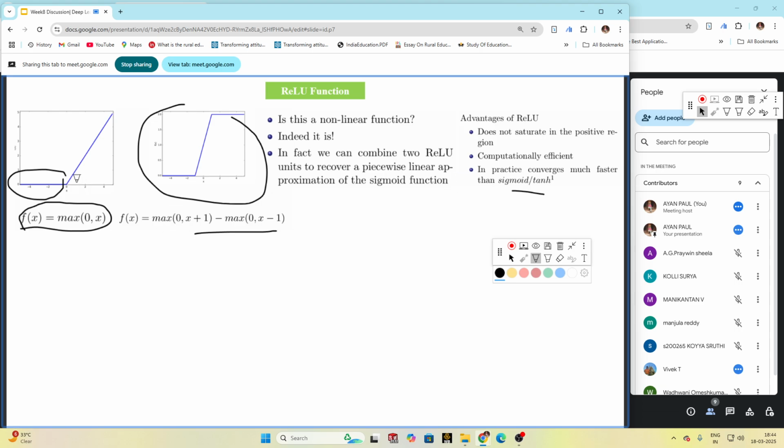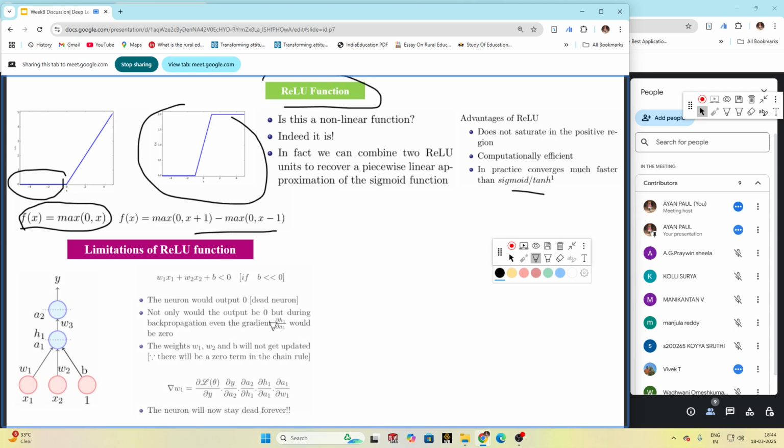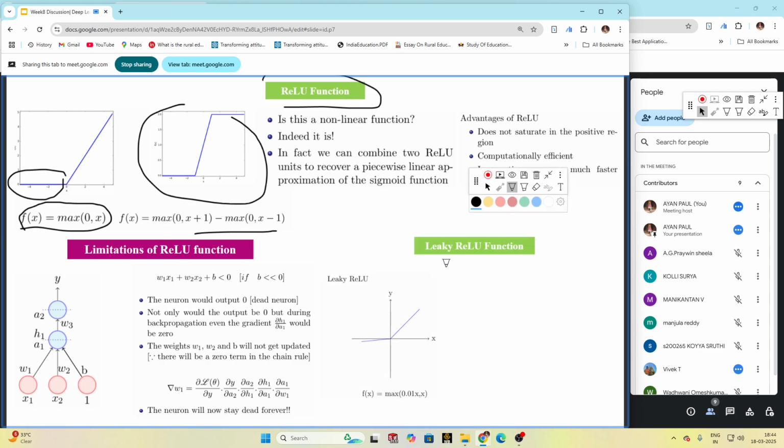But for the relu function, the problem is in the negative region. In the negative region it saturates to 0. So this is again a problem. To deal with this, we have come out with something called leaky relu. Okay, what is this leaky relu? There was another problem of the relu function, the problem of dead neuron.